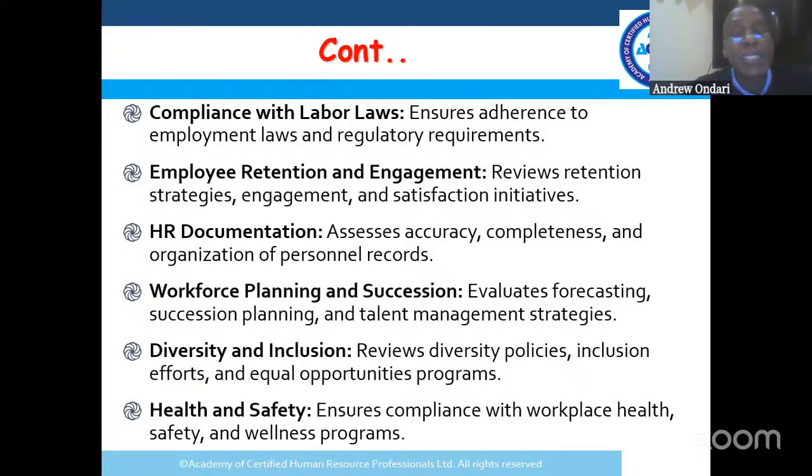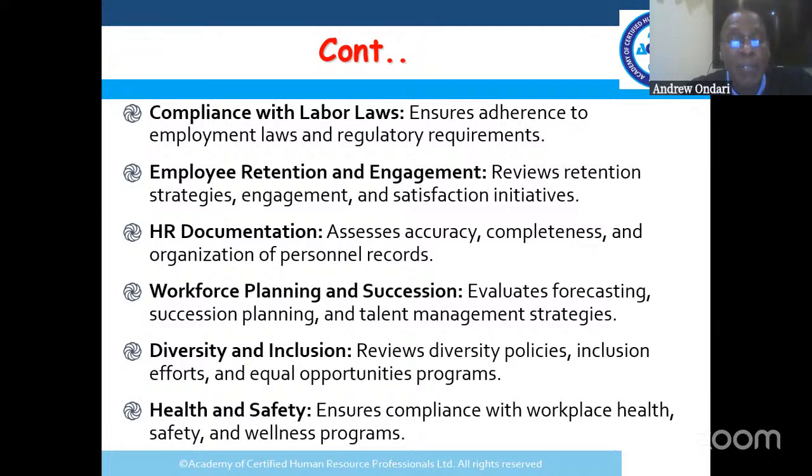Workforce planning and succession is another function that is performed by HR managers, and the HR auditors always look at the effectiveness of this function. In HR planning, we are forecasting the future workforce in terms of numbers and their qualifications.